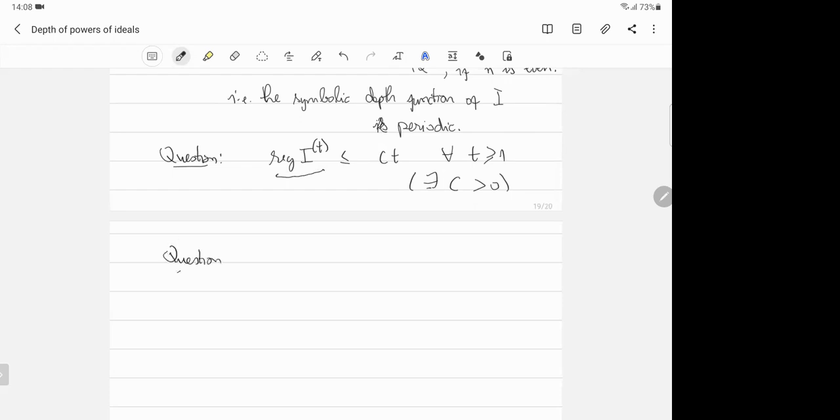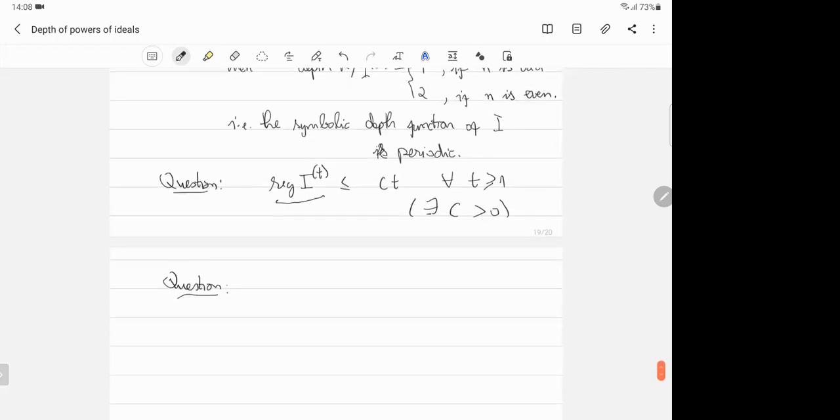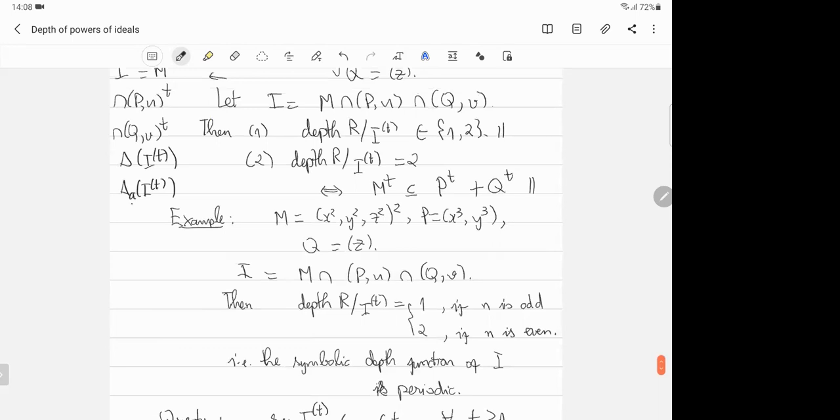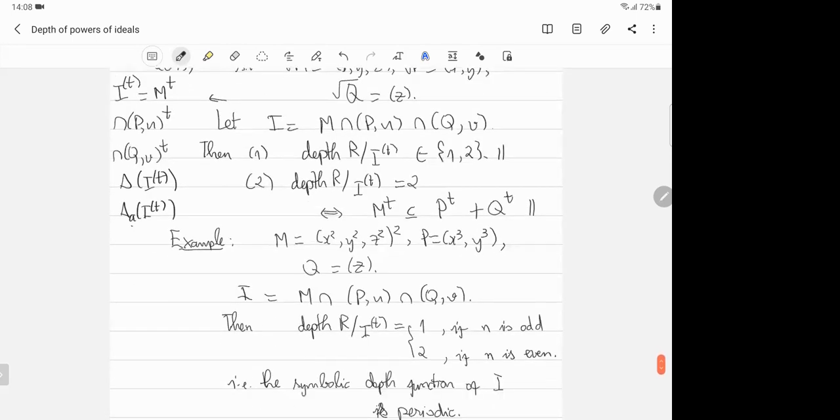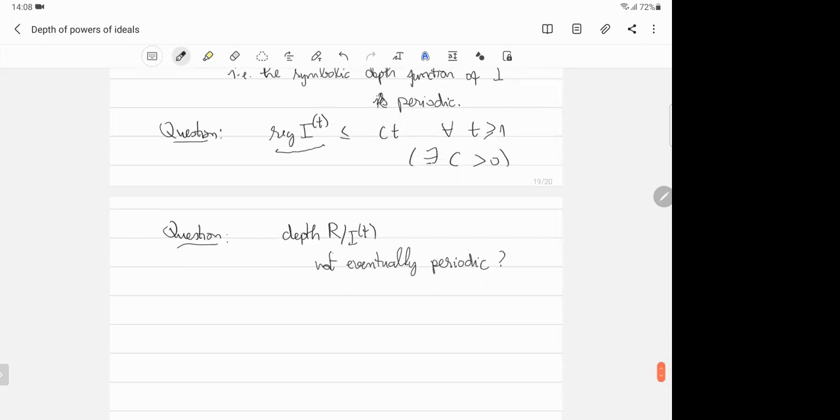More relevant to that is the question whether this function can be not eventually periodic. This I think is also very interesting. We do not have any example, and the problem is that our techniques here are only for monomial ideals, and for this you have to work with non-monomial ideals.